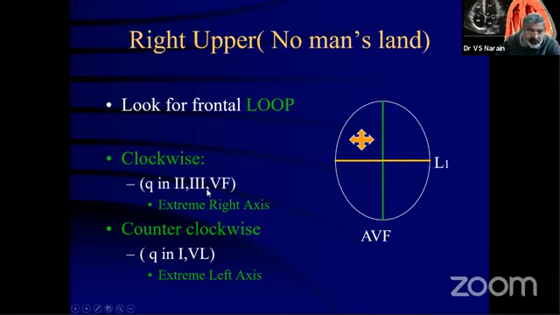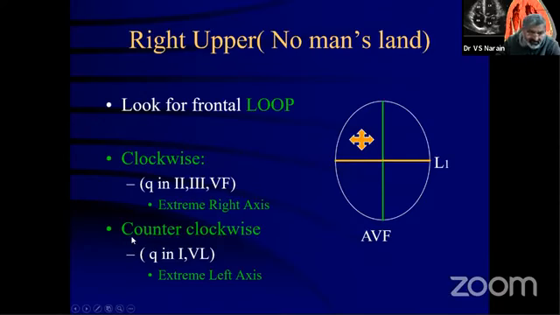Clockwise loop, often asked in the examination, means that you have a Q wave in 2, 3, aVF. So if you have a Q wave in leads 2, 3, aVF, you are dealing with a clockwise loop. And if your axis lies in this quadrant and you have a clockwise loop, then it is an extreme right axis which has gone into this northwest zone.